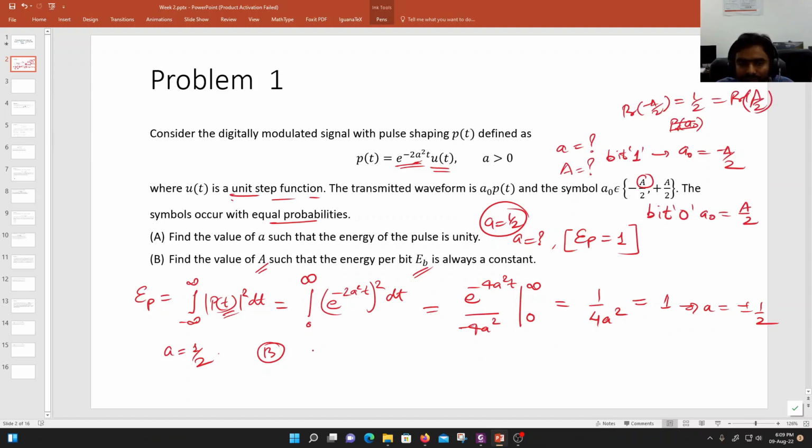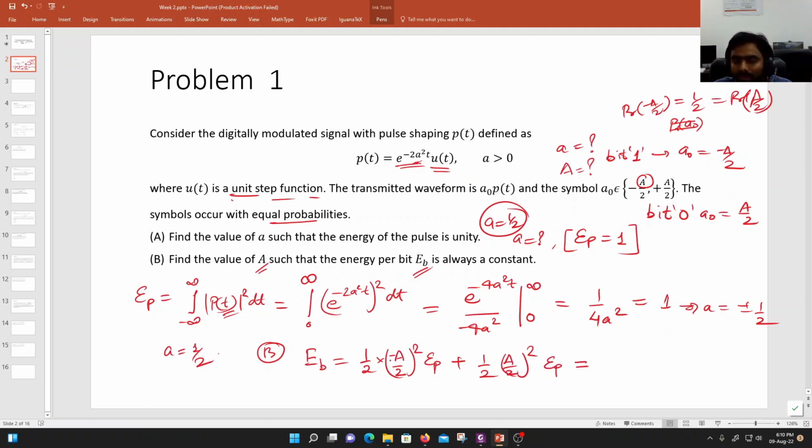So the energy per bit EB will be given by probability for the first, let's say bit 1, half, and the energy of bit 1 will be a naught square, that is minus A by 2 the whole square into EP, energy of the pulse, plus for the second bit, that is bit 0, it would be half times plus A by 2 the whole square EP.